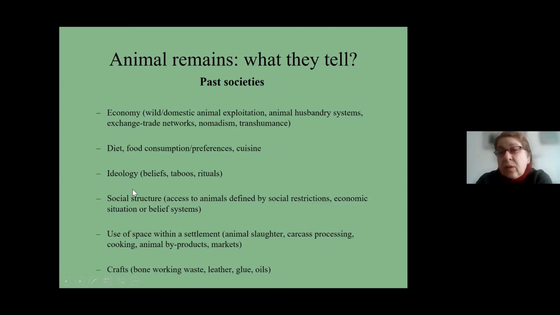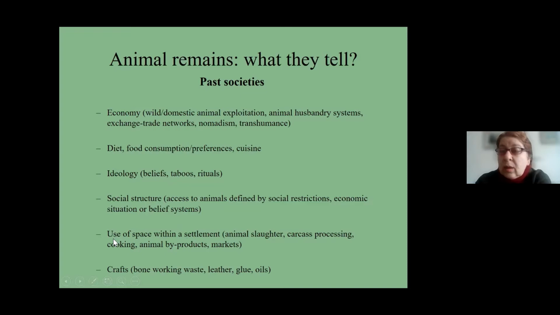You can learn, of course, about the ideology of those people. You can learn about the social structure of these societies, as various restrictions, either social restrictions, beliefs or economic situations, can define who has got access to which animals.